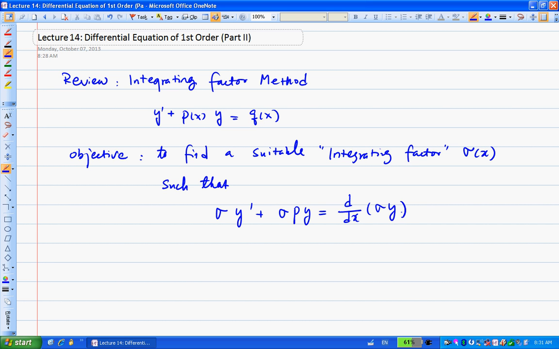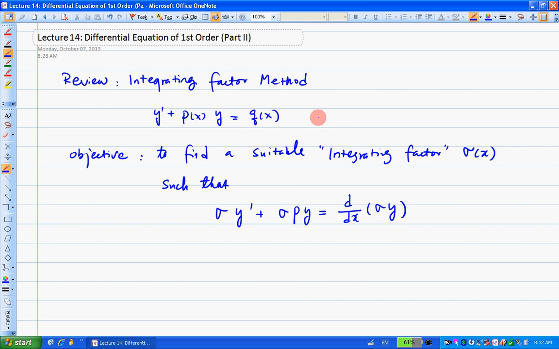So we'll continue on differential equations of first order, right? In the last lecture, we talked about two different techniques. The first technique is separating variables, which is used on homogeneous first order differential equations, which is pretty simple. And the second technique is the integrating factor method, and that one is applied to non-homogeneous linear ODEs of this type.